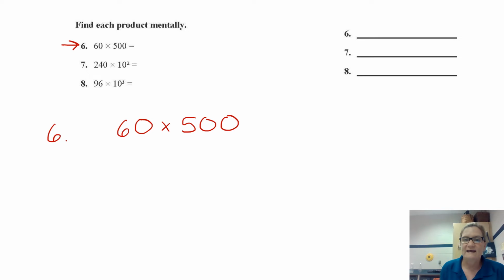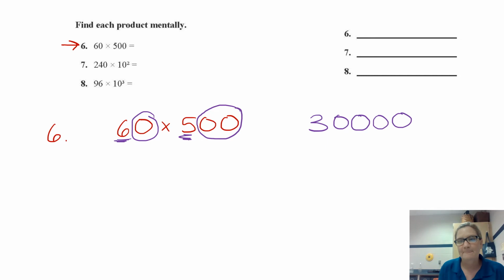So in my head, I'm multiplying 6 times 5, and I'm getting 30. Then because both factors end in zeros, I can just count them, 1, 2, 3, and add them to my product. So I should have 30,000 as my answer.